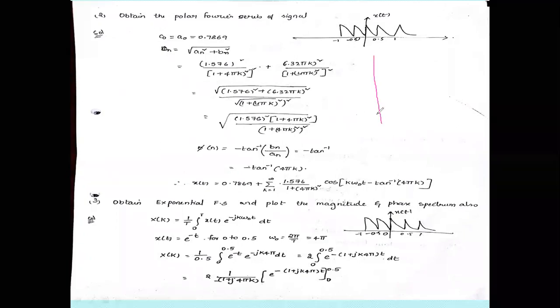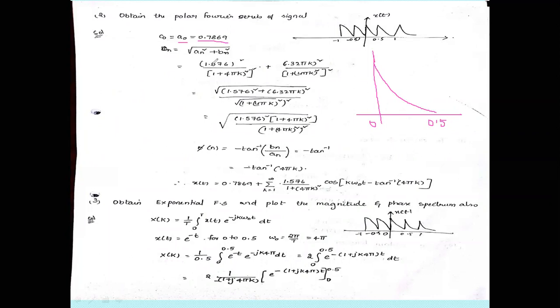This is for an exponentially decaying function with the time period of 0 to 0.5. With the time period of 0 to 0.5, we found a naught is equal to 0.7869.